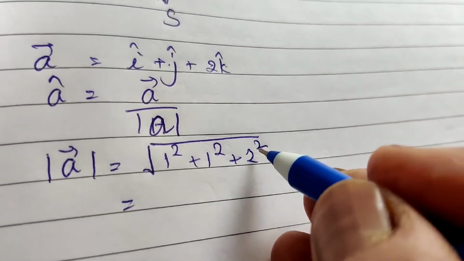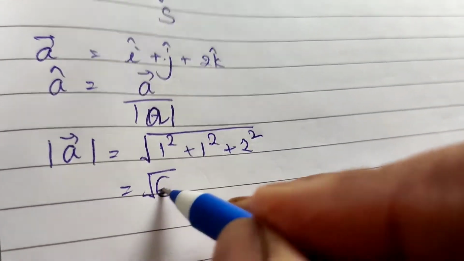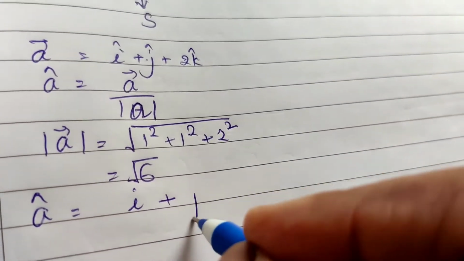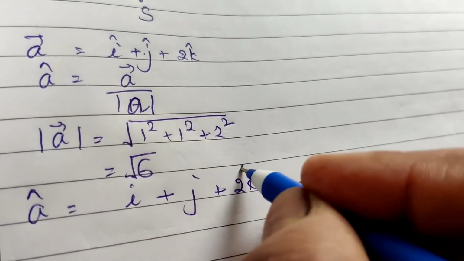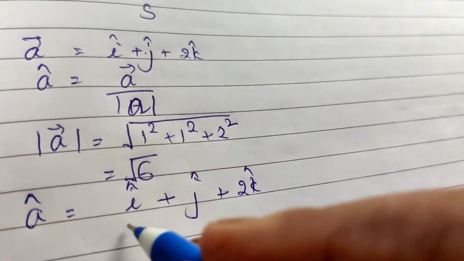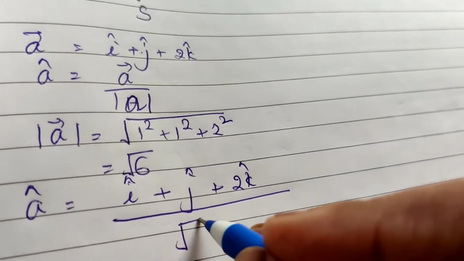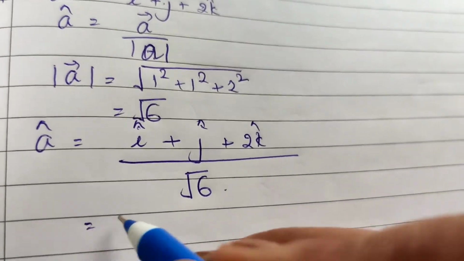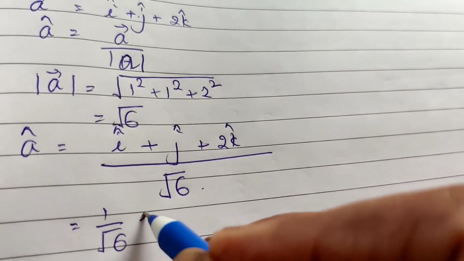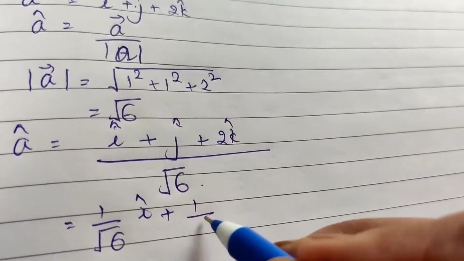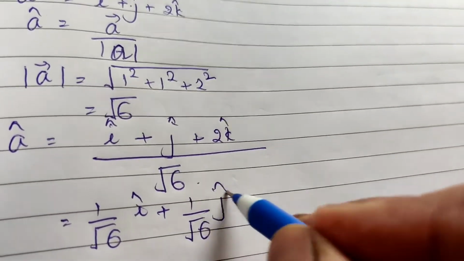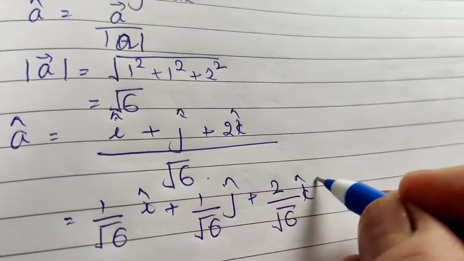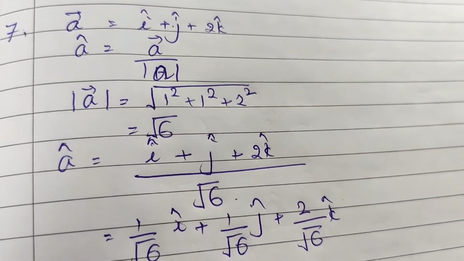It is equal to root 6. Then the unit vector equal to i plus j plus 2k, write here direction, divided by root 6. Okay, so we can write 1 by root 6 i, 1 by root 6 j, and 2 upon root 6 k. This is the unit vector of A.